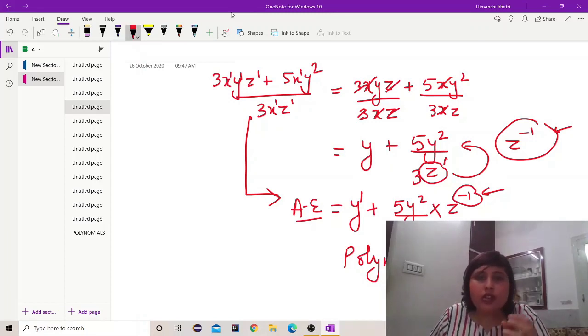Originally, when this example was given, you were able to see that all the powers were in the positive form because this was written in the denominator. But to clarify whether it is a polynomial or an algebraic expression, we have to solve it and see whether all the variables have positive power or not, whether all the variables have the power as whole numbers or not.